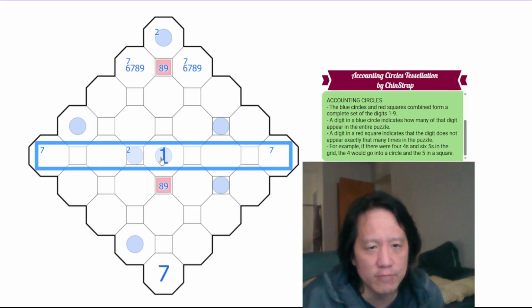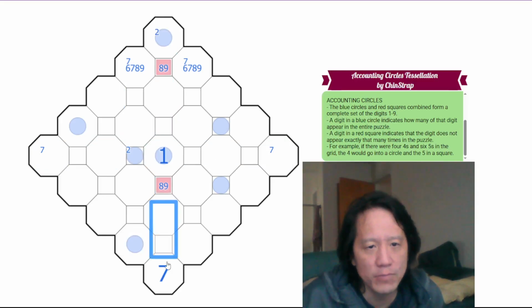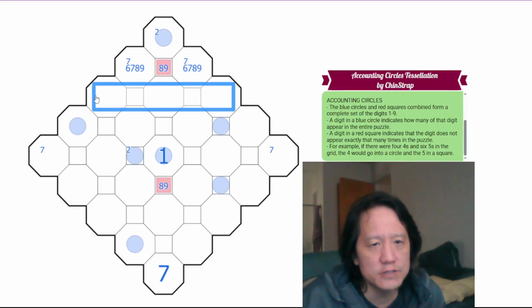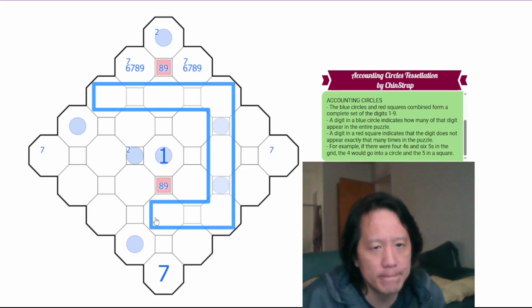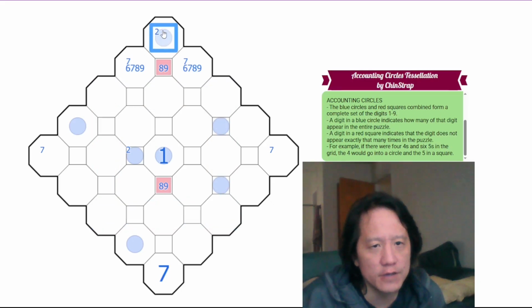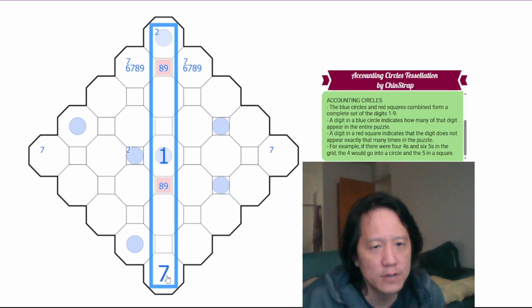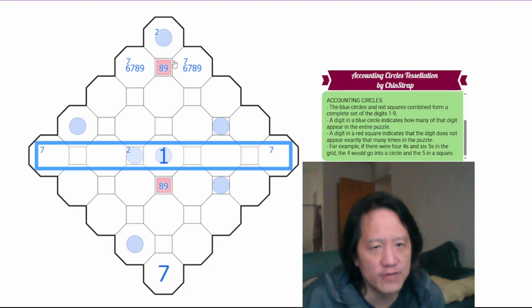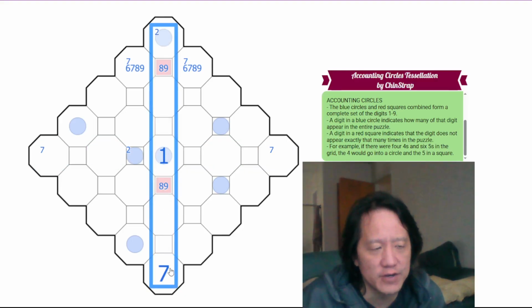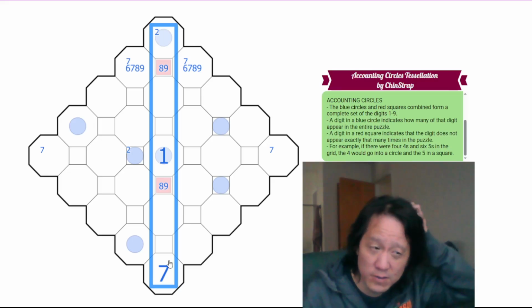It's in the remaining row or the column. So because this is 2, we need a 3 in column 5 and row 5, and then we have an extra 1.